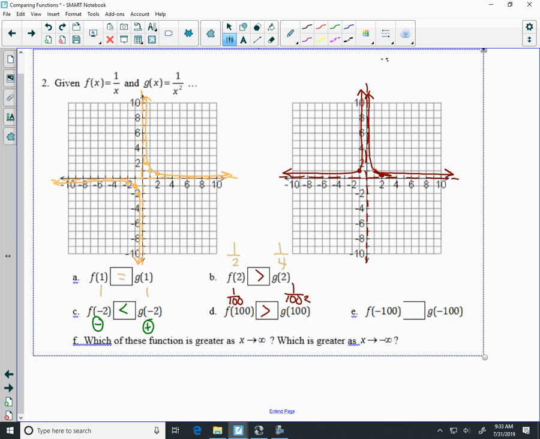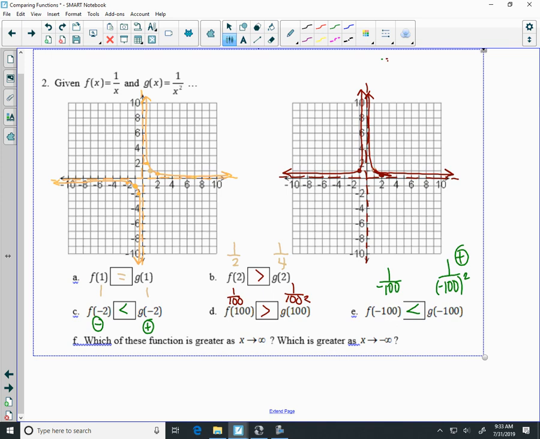Same thing at -100. F of -100 is going to be 1 over -100. G of -100 is going to be a smaller fraction, but it's going to be positive. So g of x is going to be bigger.